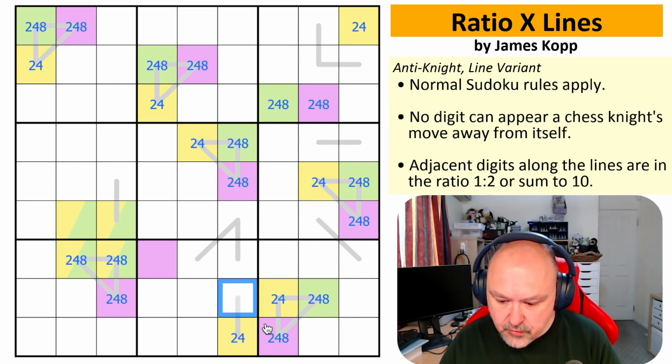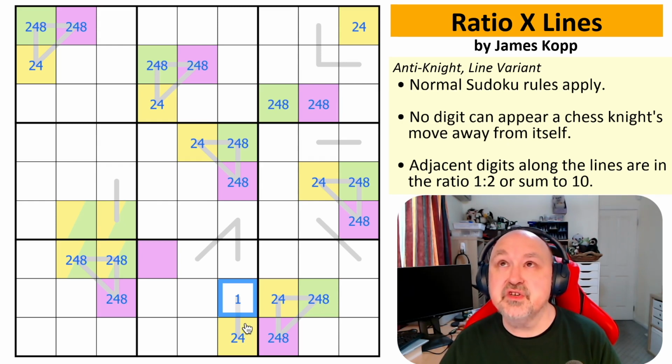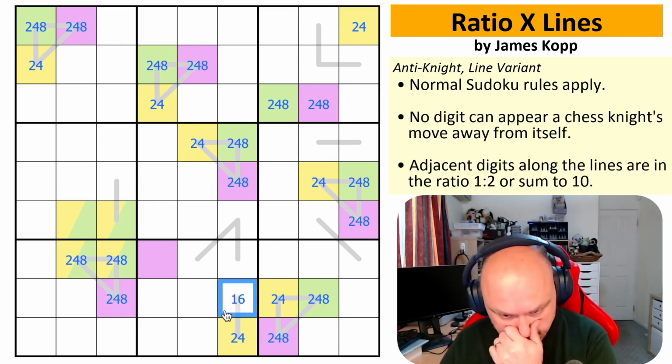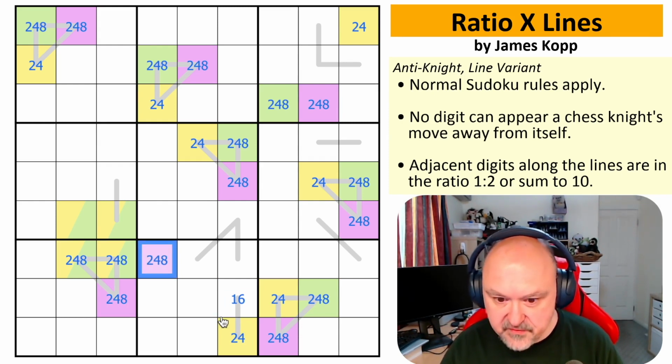But this can't be 1, 4, or 8. So this could be 1 if this is 2. And if this is 4, 4 can be in a relationship with 2, 8, or 6. But I can't put 2 or 8 here. So this is 1 or 6. This is 2, 4, or 8.